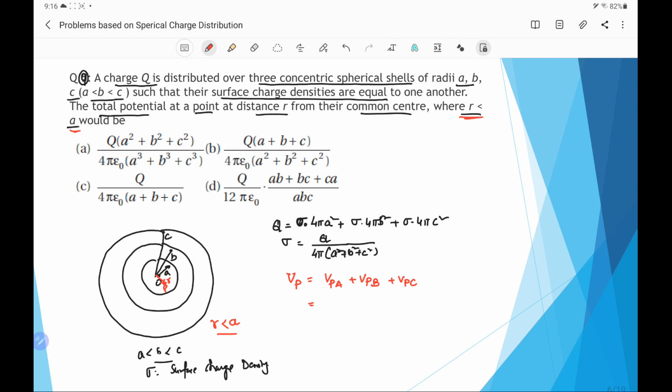And we know that potential due to the spherical shell at a point inside the shell is same as at the surface of the spherical shell.